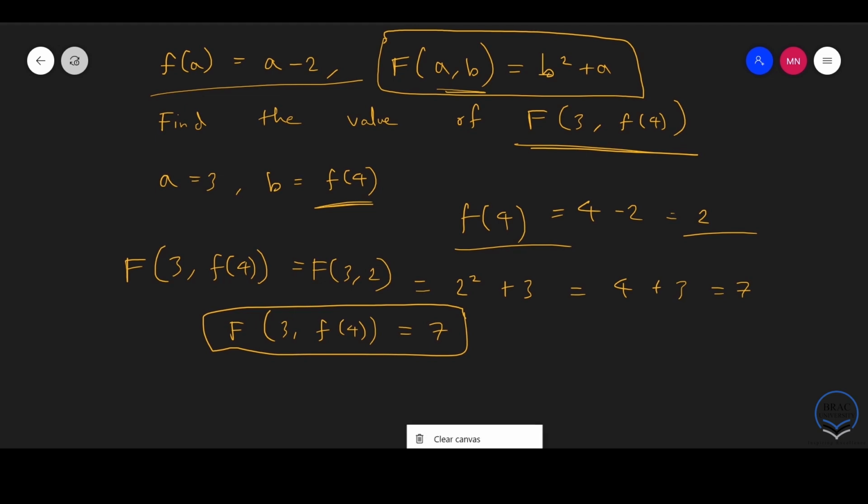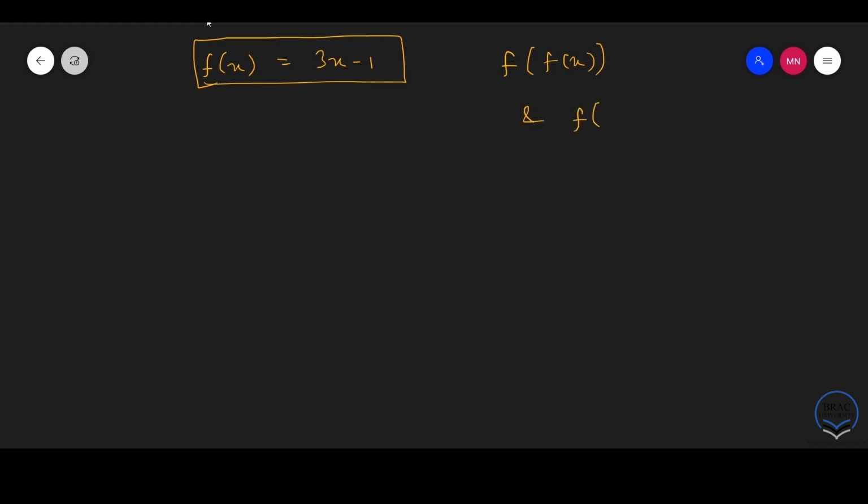Right, so let's consider a different function now. We have f(x) equal to 3x minus 1. Right, and now we want to find f(f(x)) and f(f(f(x))).